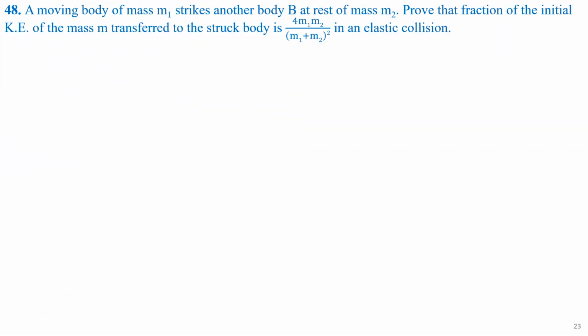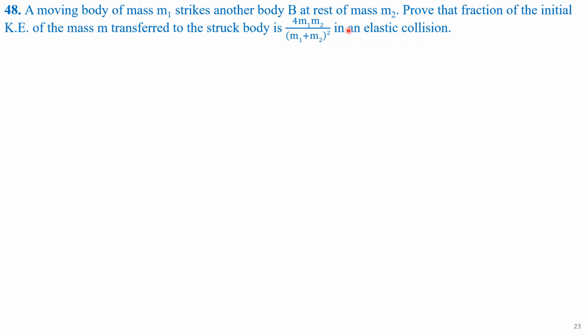Question number 48. A moving body A of mass M1 strikes another body B which is at rest and of mass M2. Prove that the fraction of initial kinetic energy of the mass M1 transferred to the body B is 4 M1 M2 divided by (M1 plus M2) whole square in an elastic collision.